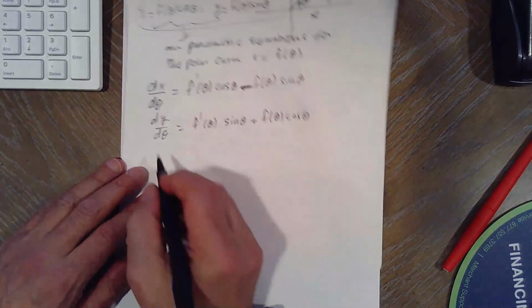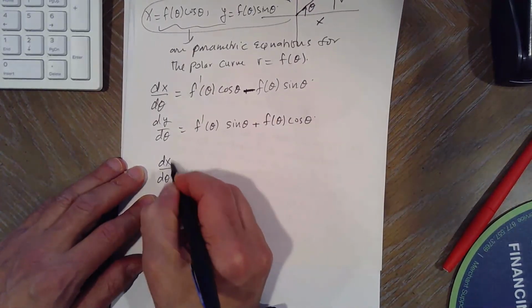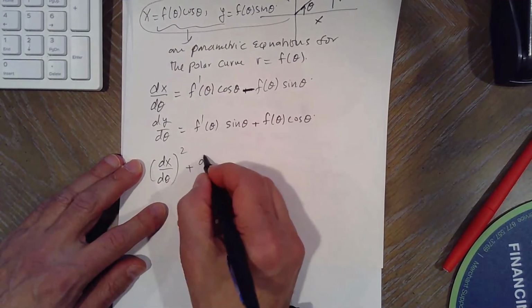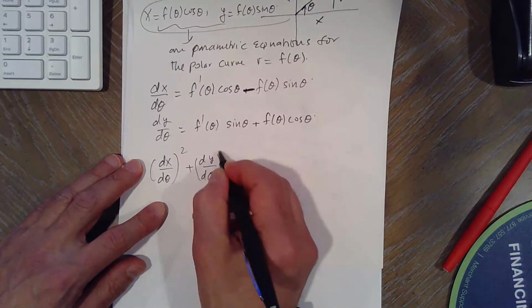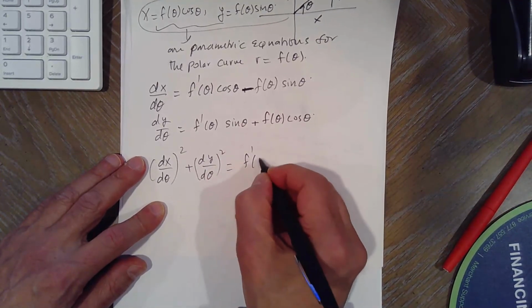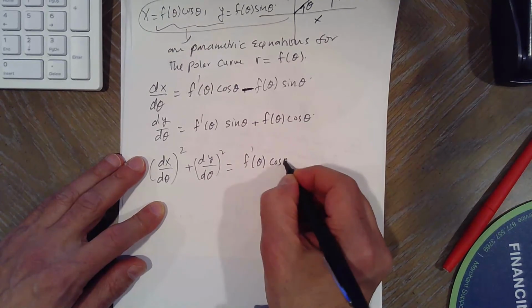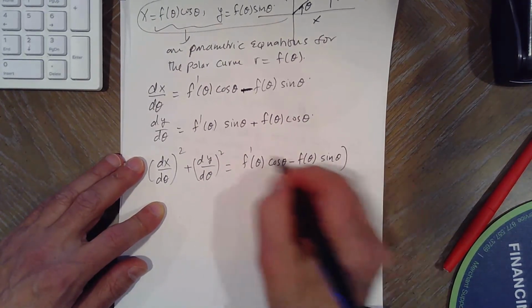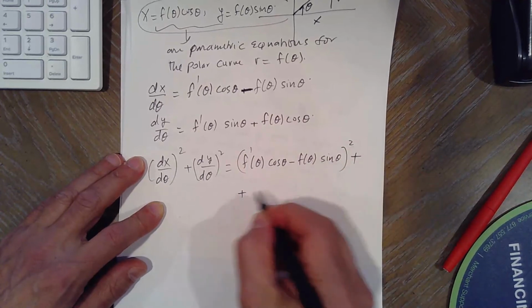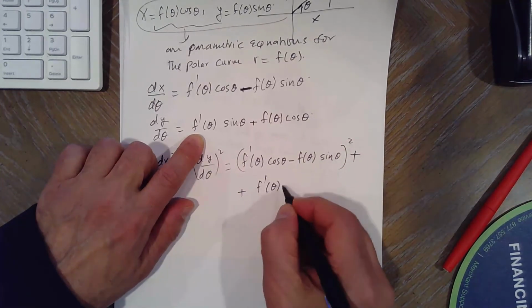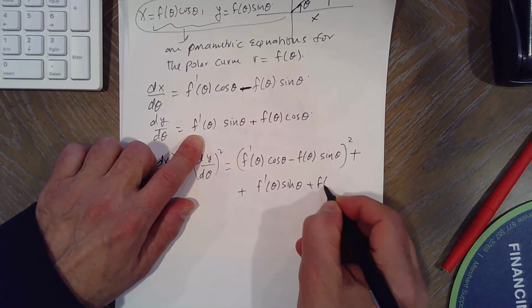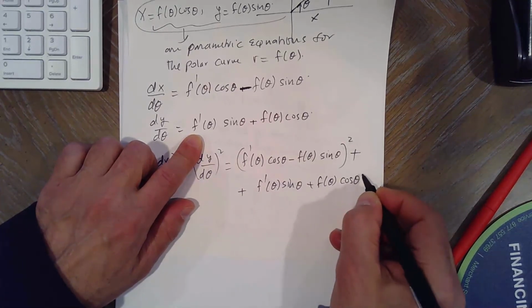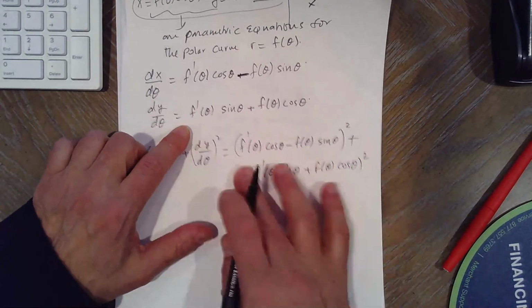So now if I do dx by d theta squared plus dy by d theta squared, it equals f prime of theta cosine theta minus f of theta sine theta, squared, plus f prime of theta sine theta plus f of theta cosine theta, squared.